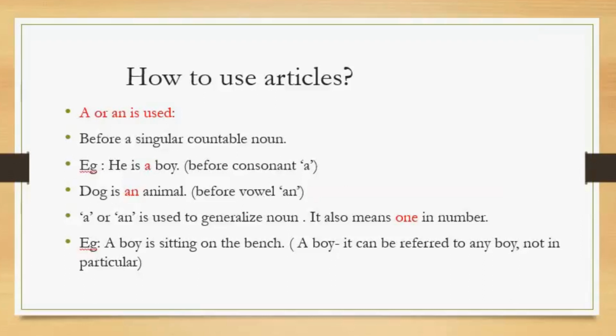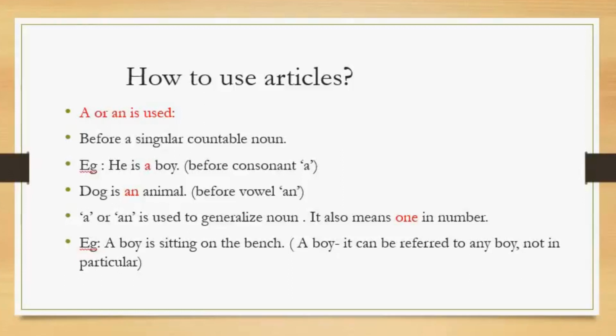Dog is an animal. Before vowel, we use an, not a. So this is the basic difference between the indefinite articles a and an. Before consonant sound, we use a. Here in the first example, boy is a singular countable noun.